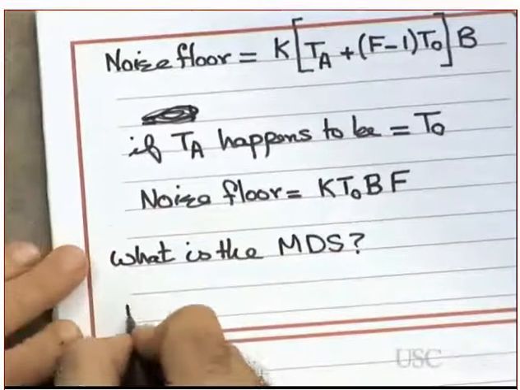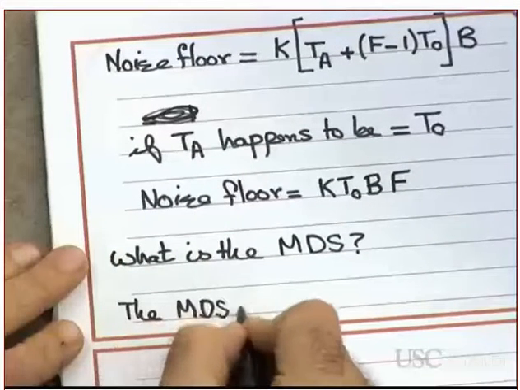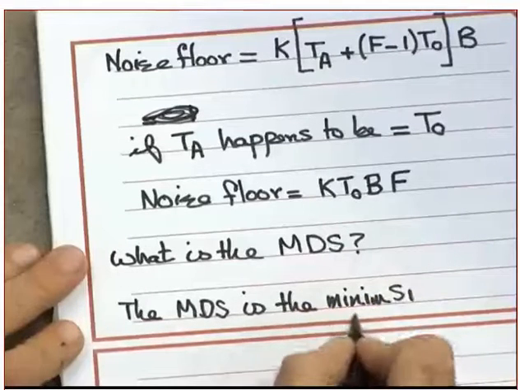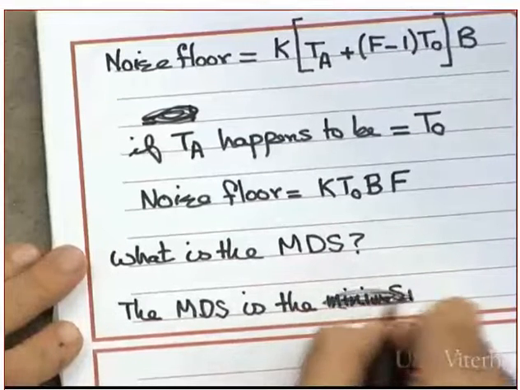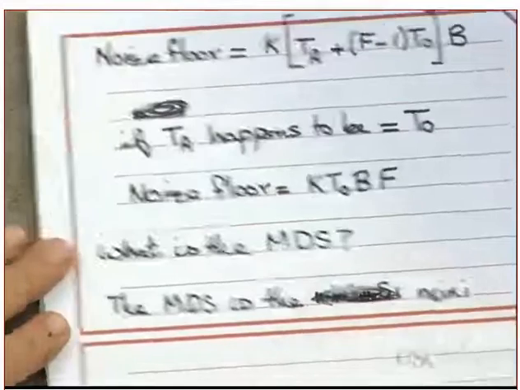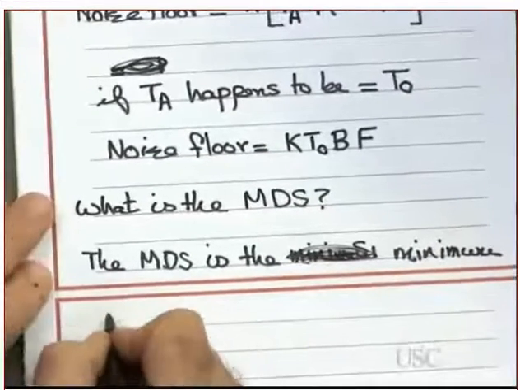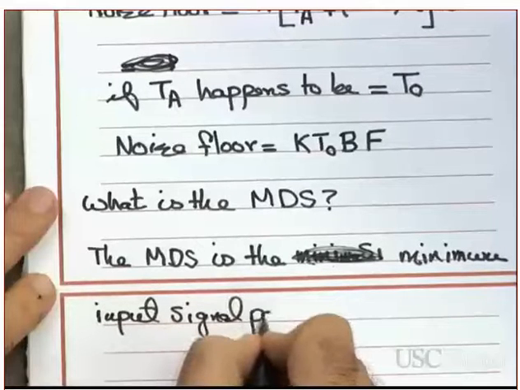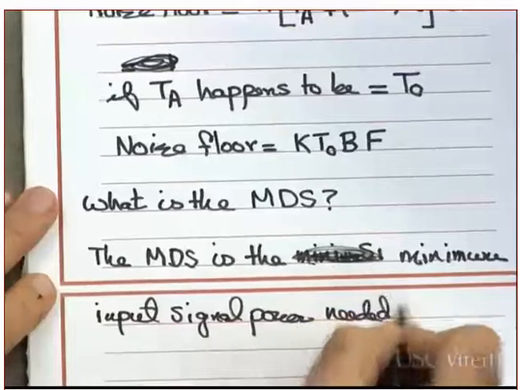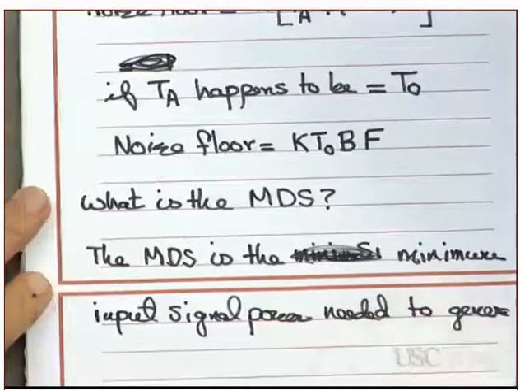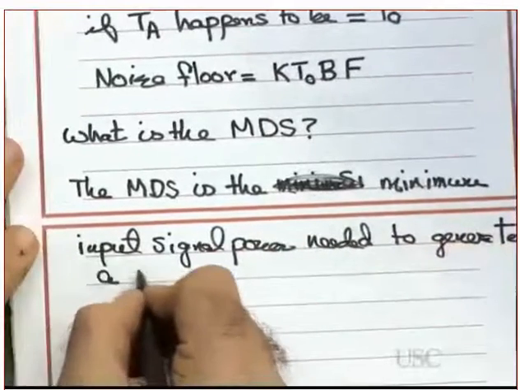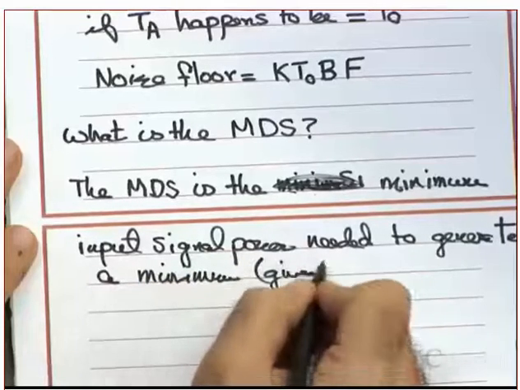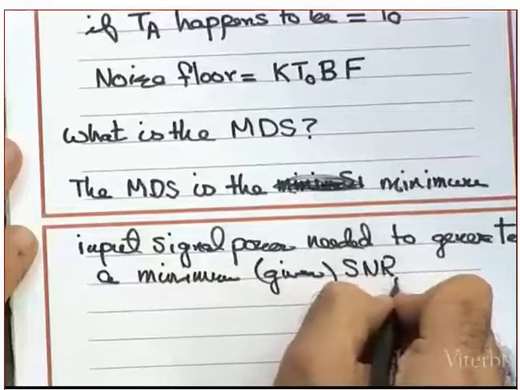The MDS is the minimum signal input power needed to generate a minimum given signal to noise ratio at the output.